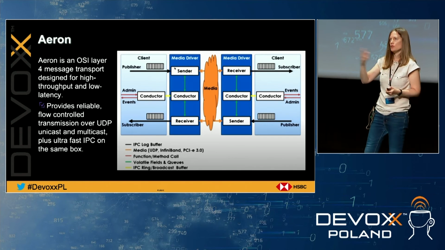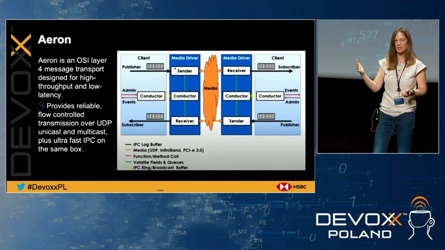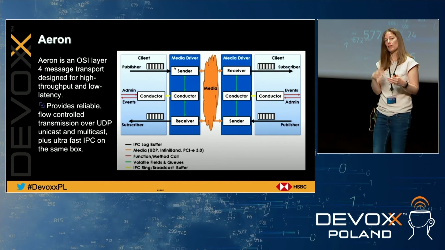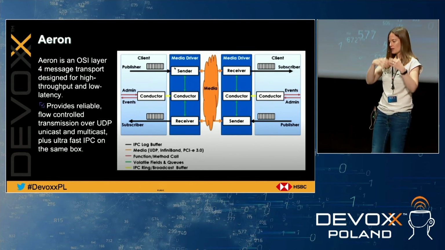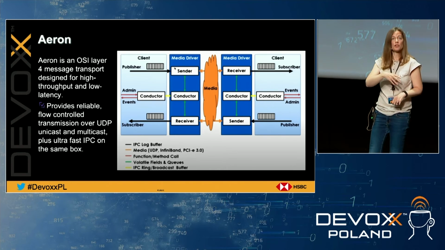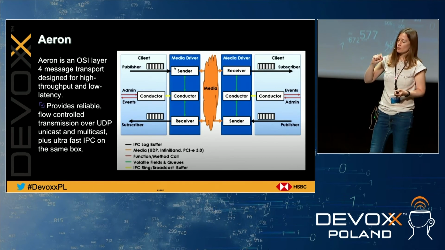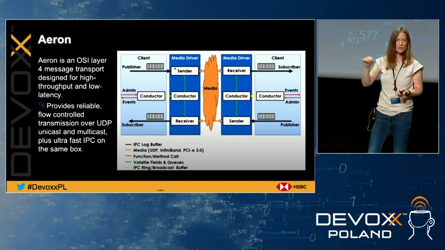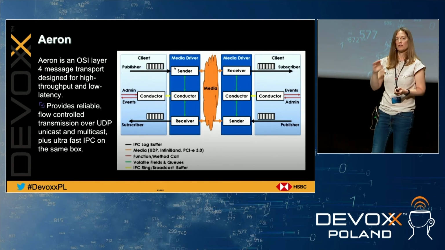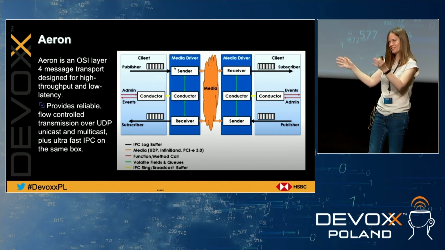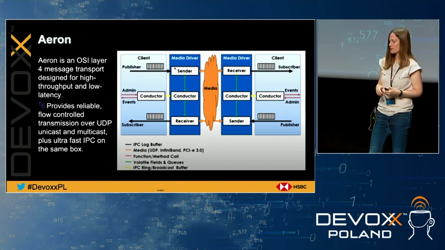So you have your new user connection, your new subscription, maybe doing some cleanup in the background of the log buffers that the sender's no longer using. All of that can happen in the background by the conductor thread, which speaks to the sender and puts things on a queue. It doesn't need to be super fast, and the sender can then be dedicated to just moving bytes across the wire.